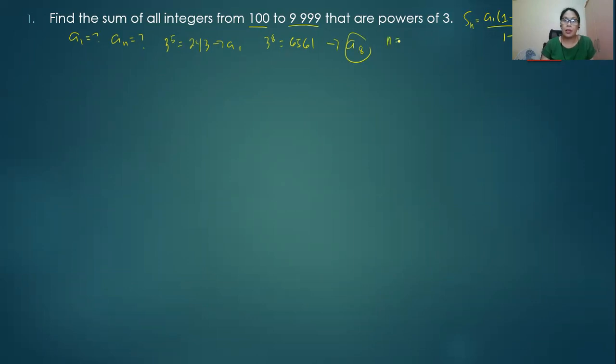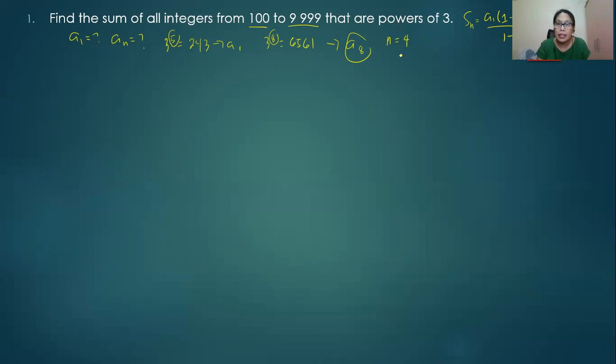In fact, n is from this up to this: 3 to the 5th, 3 to the 6th, 3 to the 7th, and 3 to the 8th. So we have n equals 4.